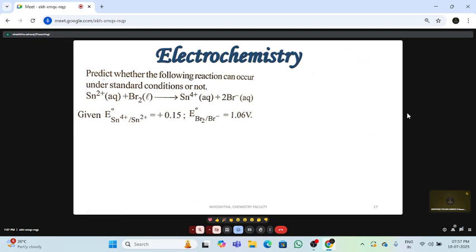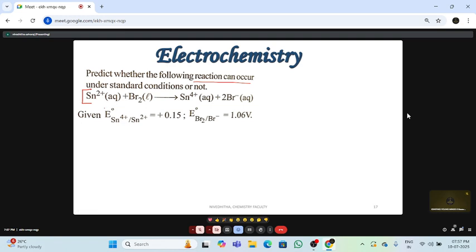Thanks, Kanna. So here we are provided with some chemical reaction, and we have to predict whether this reaction is a spontaneous reaction or non-spontaneous reaction. If that is a spontaneous reaction, then this kind of reaction can occur. If that is a non-spontaneous reaction, then this reaction will not occur. That's it.